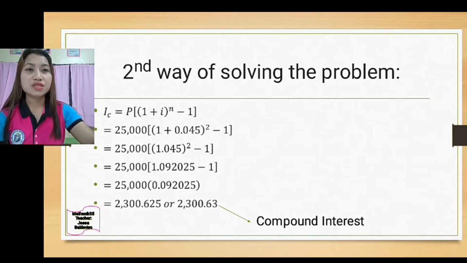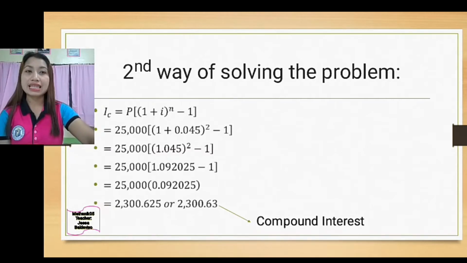So let's substitute the values because they are given in the problem. Our P is 25,000, 1 is the constant, plus our I, which is 0.045, raised to the exponent of 2, which is our N, minus 1, which is constant.